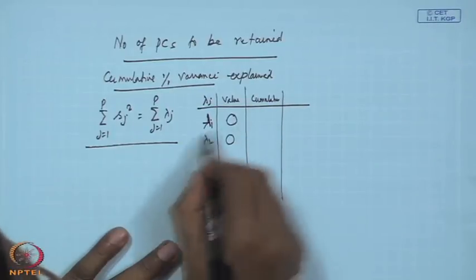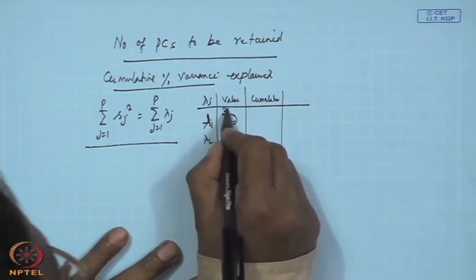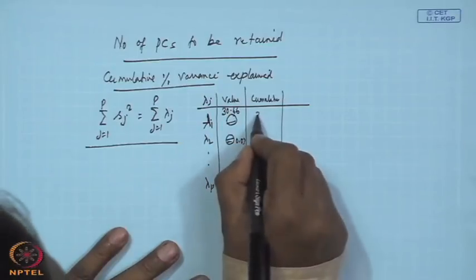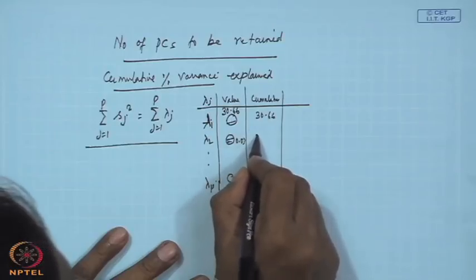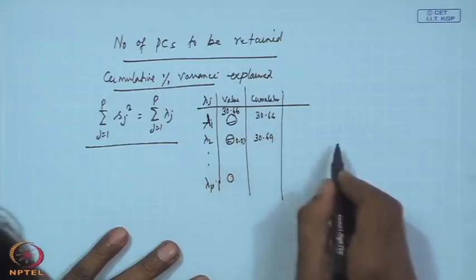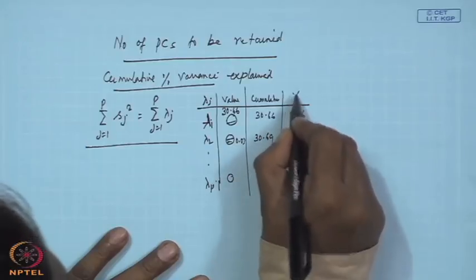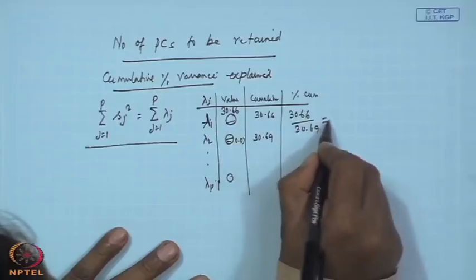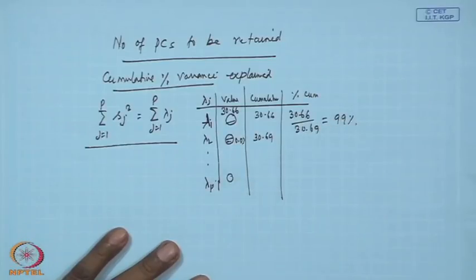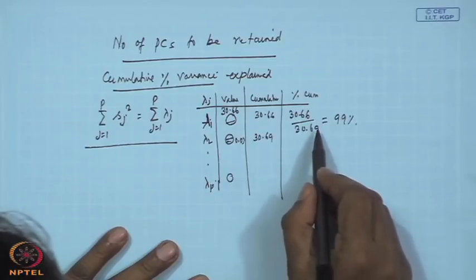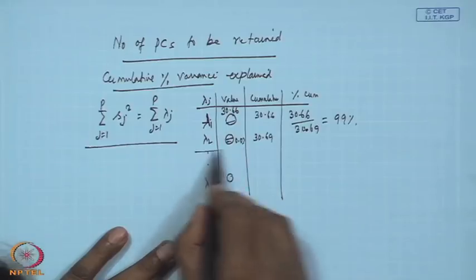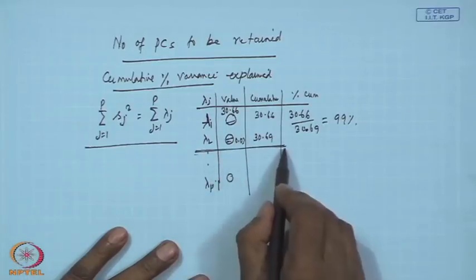For example, in this case our first one is 30.66, the second one is 0.03. So this is 30.66, this is 30.69. If I see the percentage, cumulative 30.66 by 30.69, this will be almost 99%. That is the total sum of lambda, because we have only two variables in the example.